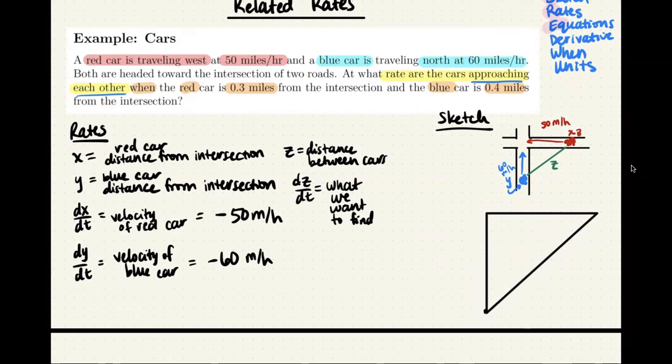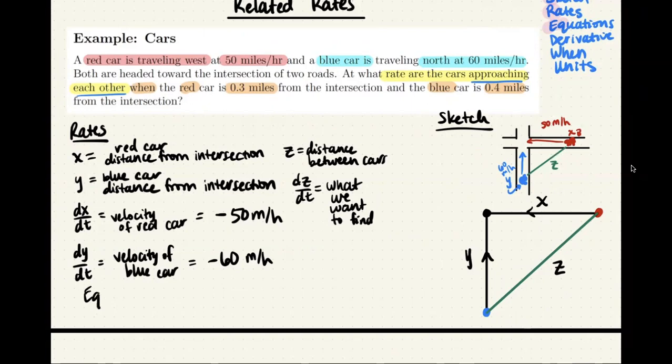So here's the position of car B, or how far away it is from the intersection. Here's the position of car A. So Y is this distance here, X is this distance, here's the intersection. And then Z over here is the distance between them. This is what I had in green earlier. Okay.